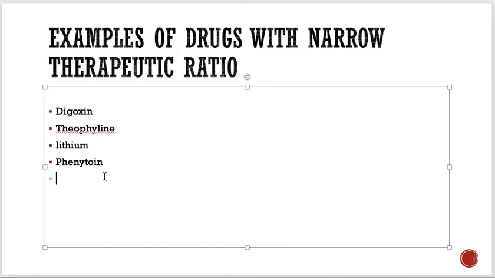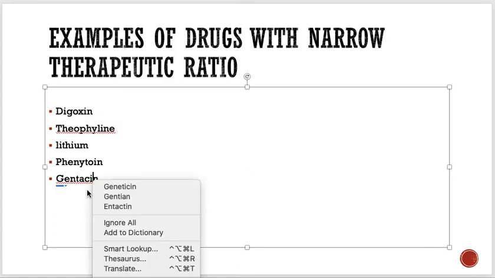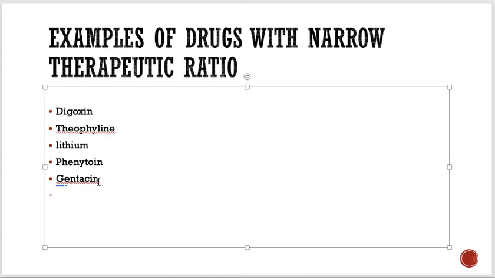And there are certain antibiotics like gentacin or gentamicin. If you are living in the UK, it will be called gentamicin, or gentacin, or vancomycin, or tobramycin. Now see, these drugs end in mycin. Gentamicin, for example, has good gram negative activity, but it is also ototoxic, it can damage the ear.